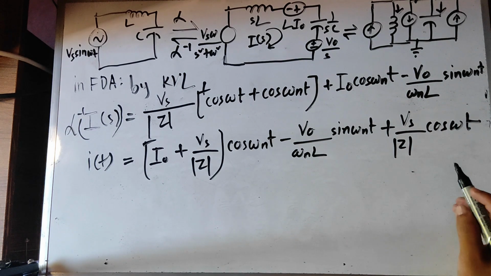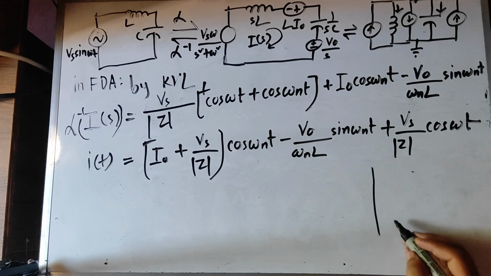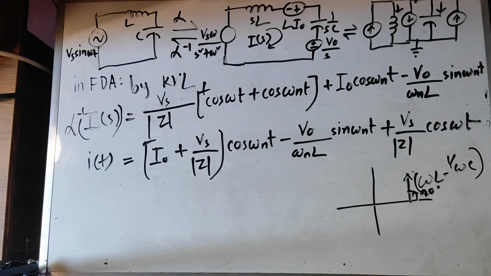So this is the current response we got from the frequency domain analysis, where Z is the impedance. This is basically the answer.